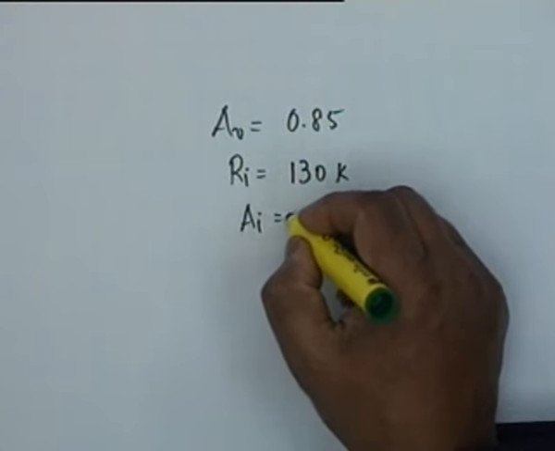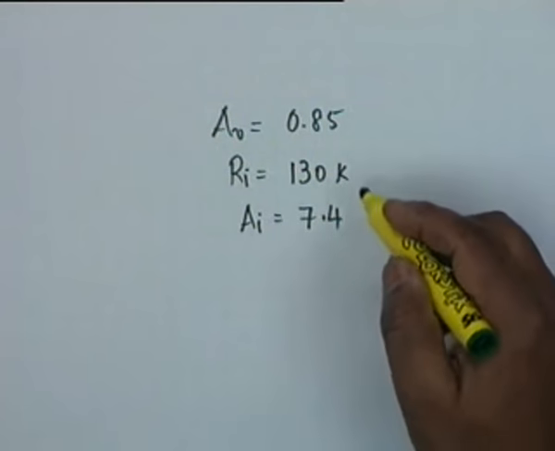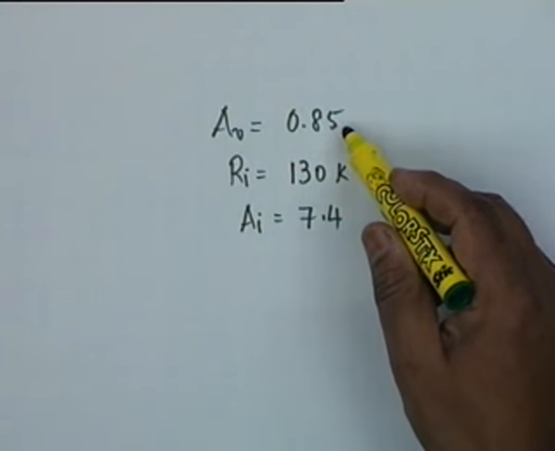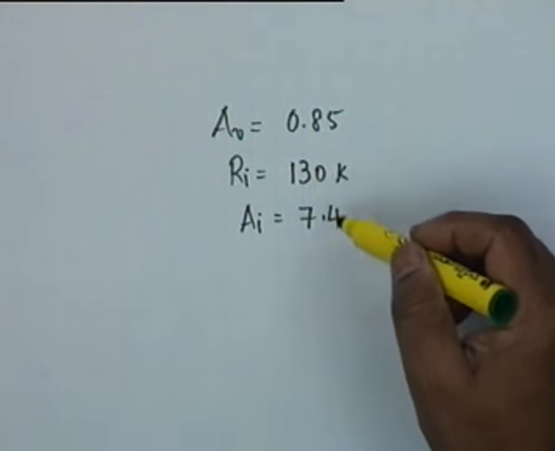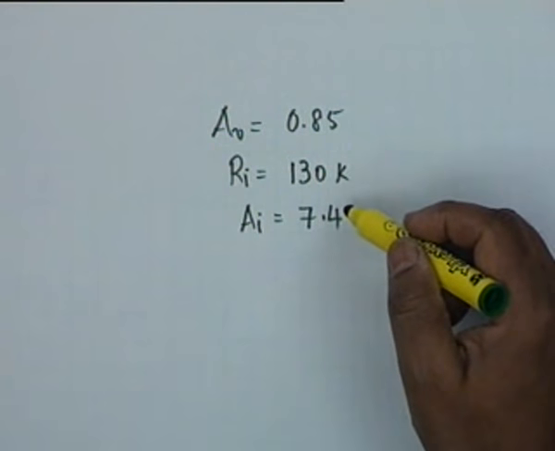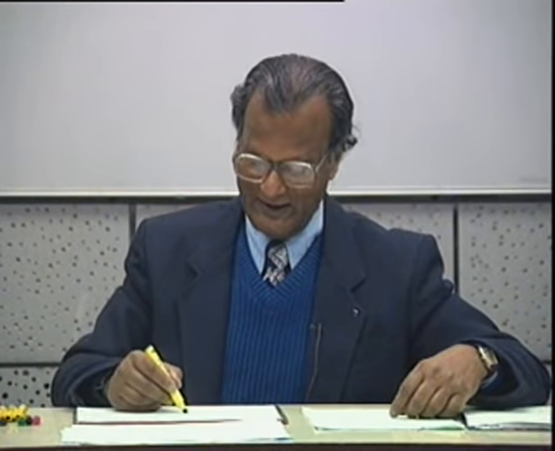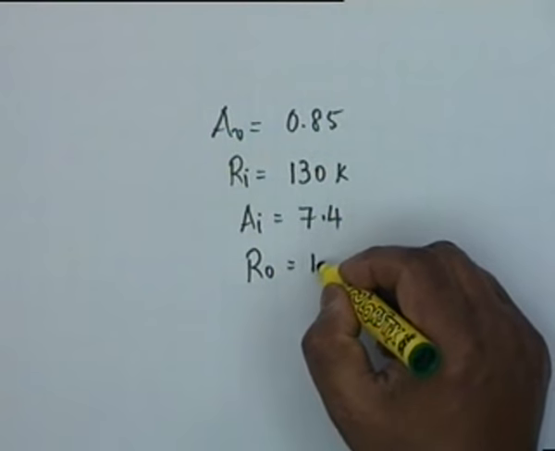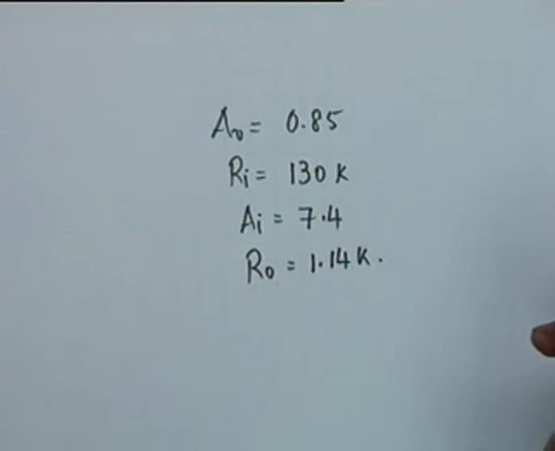The current gain comes out as 7.4, which is simply AV multiplied by RI divided by RL, and this value 7.4 has become greater than 1 because RI divided by RL is greater than 1. Okay, and R0 is 1.14K. All right.